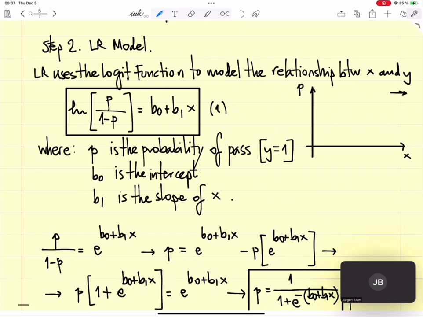Is that okay? If you have a value of p that is, let's say, 0, the logarithm of 0 divided by 1 is the logarithm of 0, which is what? What is the logarithm of 0?